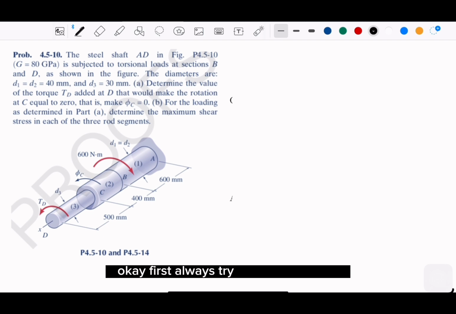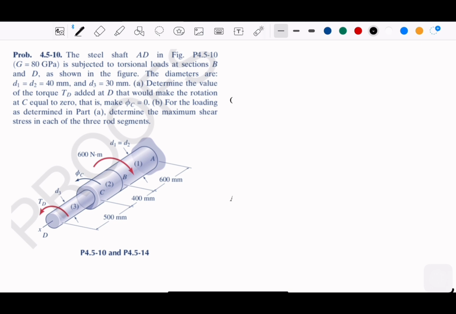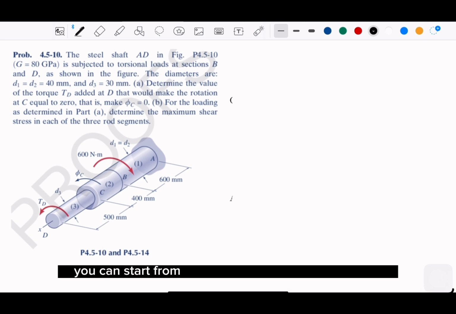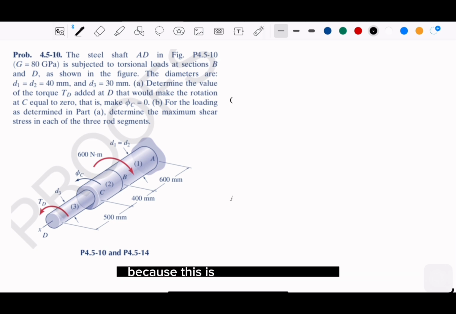Okay, first, always try from the free body diagram. You can start from this, or start from here because this is fixed on the wall. Or let's say just start from 3, I think it should be okay. Let's slice this.